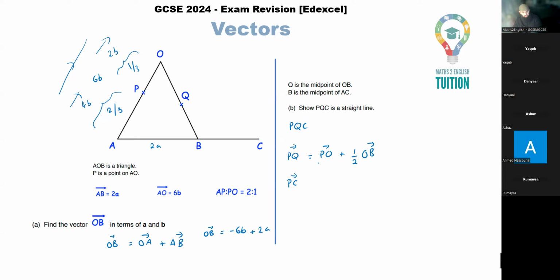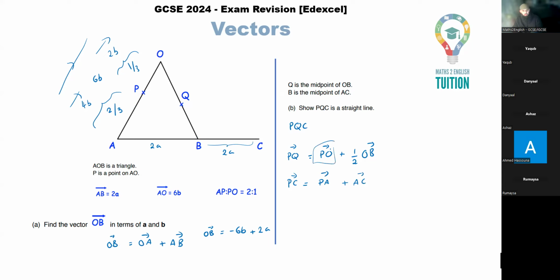And then P to C, I'm going to work out minus 4B, which is P to A. And then because it's a midpoint, I can write this as 2A, so that's going to be A to C, plus A to C.